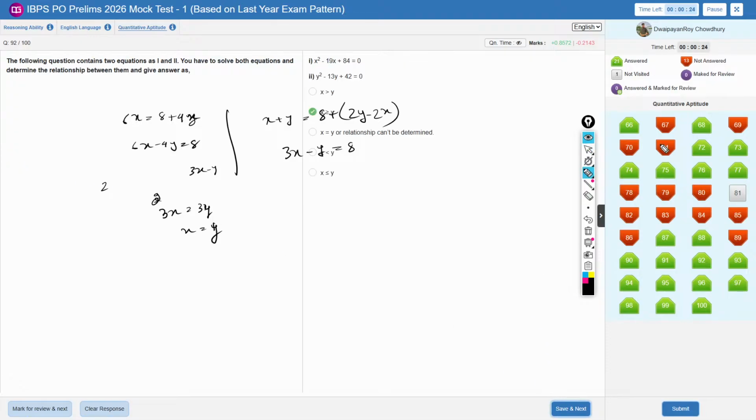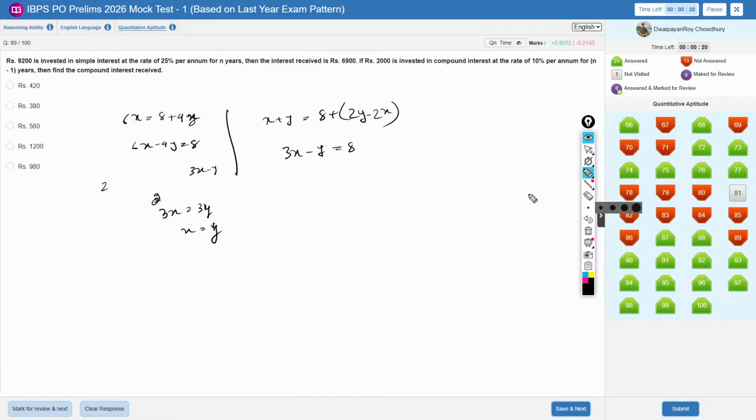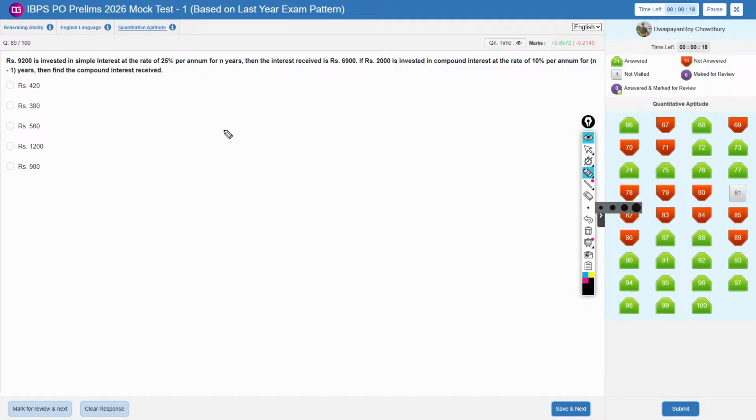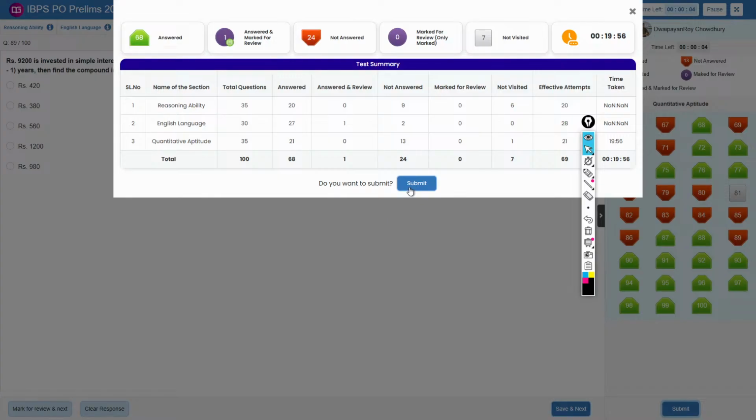Sum of the numbers. I don't think in 24 seconds I can do any, but let's try. Divided, invested into simple interest, 25% per annum, n years. No, bro, not going to be able. So let's submit it myself.